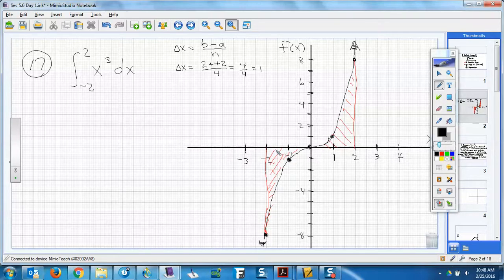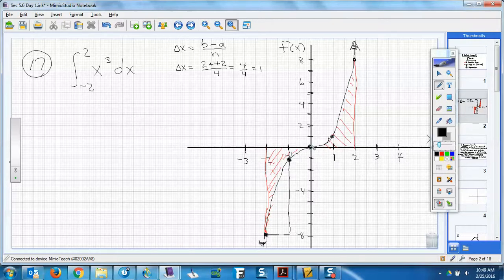So I'm going to go down here, down on the -2, go to the function, and go across and make myself a rectangle right there. There is one left rectangle. Now that area is going to be way more than my actual red area, isn't it? Right? Okay.